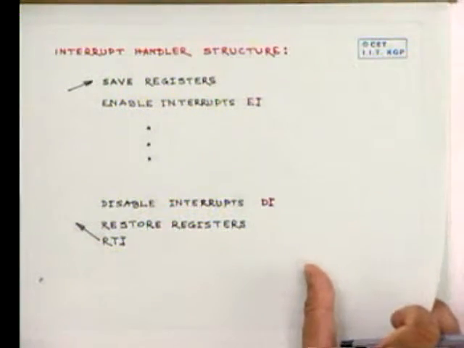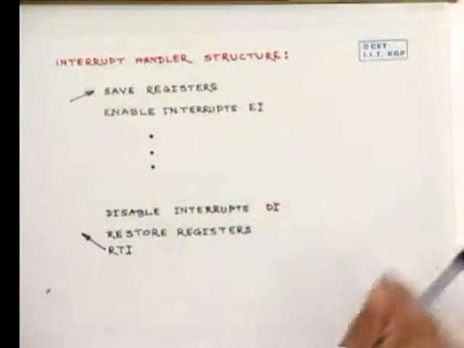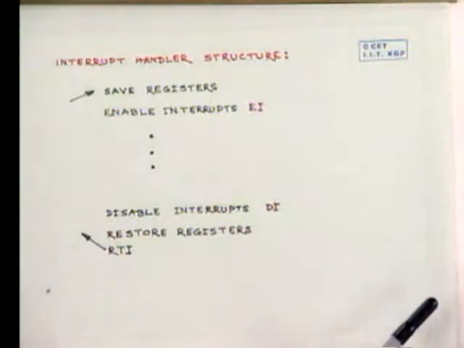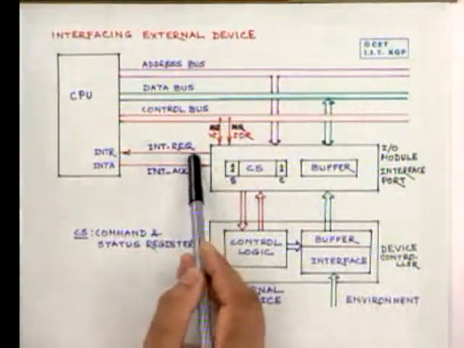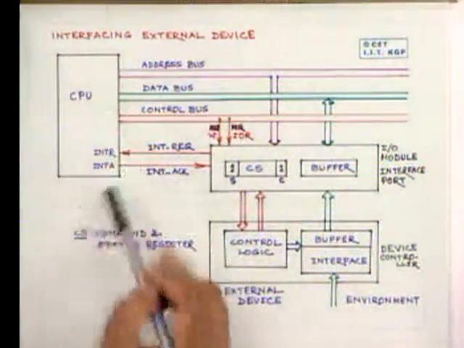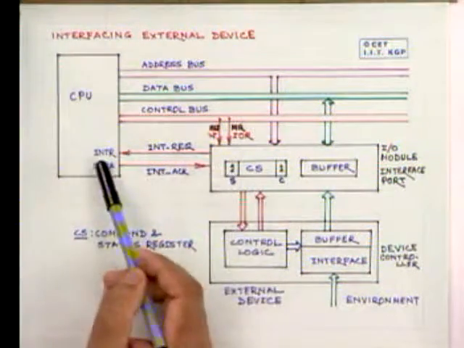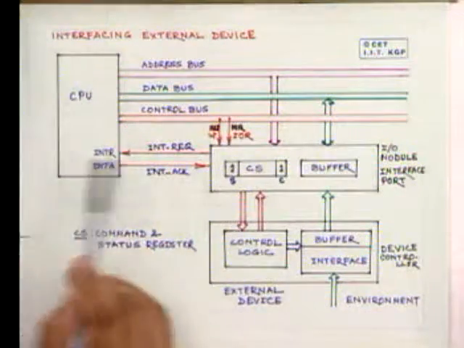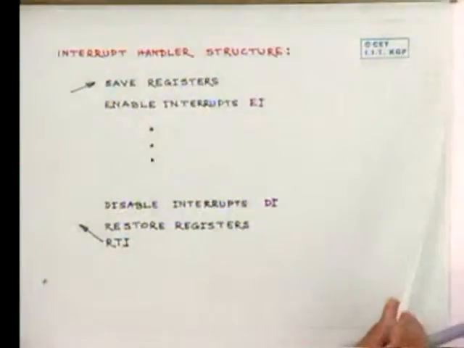Now the question comes: when exactly does the CPU accept an interrupt? I say that an interrupt may come asynchronously. The CPU is executing instructions in memory, and the interrupt can come at any moment. But let us examine the instruction cycle to see when the CPU accepts it.